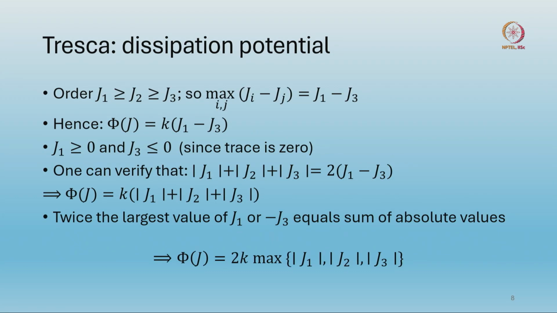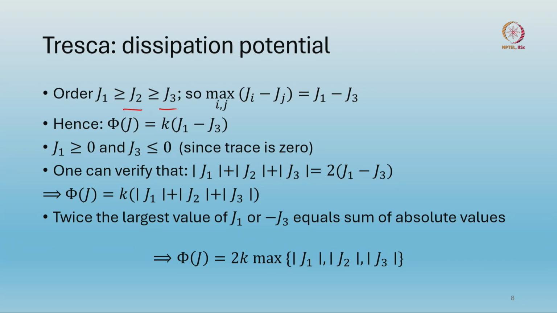We can further simplify it, but to do that let us first order j like this. Let us put j1 at the top, that means the highest principal value in terms of magnitude is j1. So j1 must be positive because their sum has to be equal to 0. Then j2 and j3: j3 has to be negative because the sum is 0, and j2 can be positive or negative.